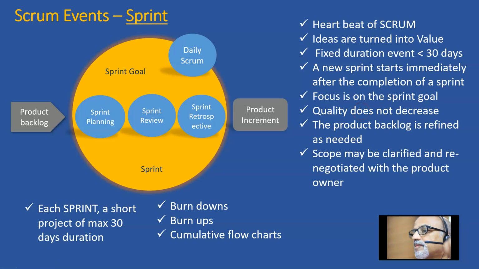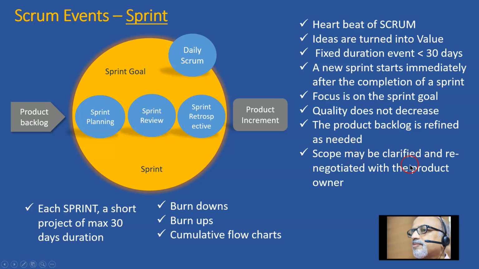And the refinement of definition of done also happens sprint after sprint. The product backlog is refined as needed during the sprint planning meeting and during the execution of the sprints. It's a continuous activity. The refinement of the product backlog is a continuous activity throughout the project.